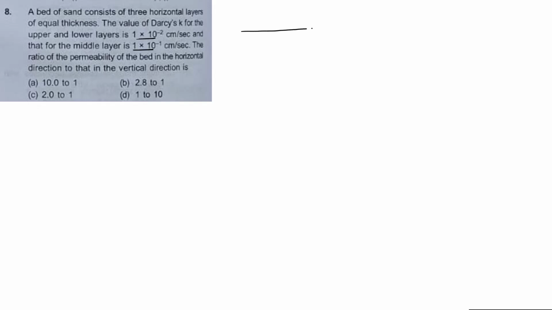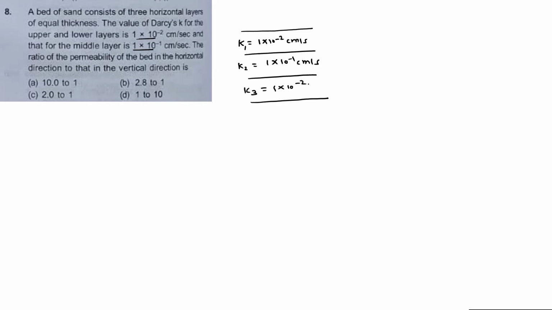So if these are the layers, the K value for this one is 1 into 10 to the power minus 2 centimeter per second, and this is K1. Suppose K2 is equal to 1 into 10 to the power minus 1 centimeter per second, and K3 is 1 into 10 to the power minus 2 centimeter per second. Now we have to calculate K horizontal and K vertical.